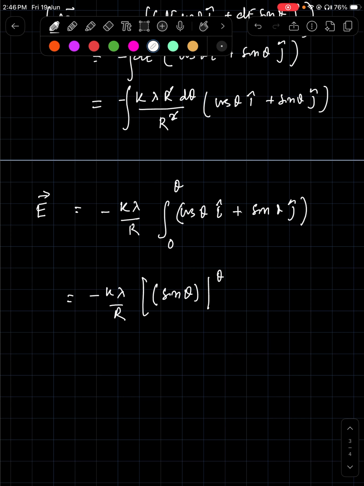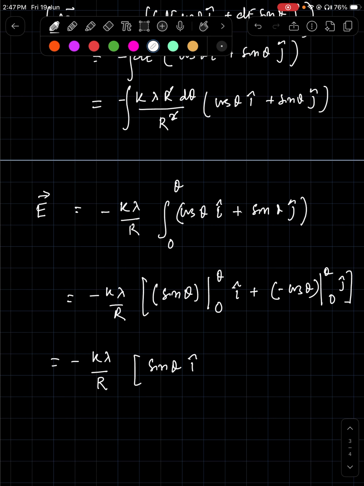Its upper limit is theta, lower limit is 0, into i cap, plus the integration of sin theta is minus cos theta, its upper limit is theta and lower limit is 0, into j cap. So that is k lambda by r, that is sin theta. And in the lower limit, sin 0 is 0, so that is sin theta i cap.